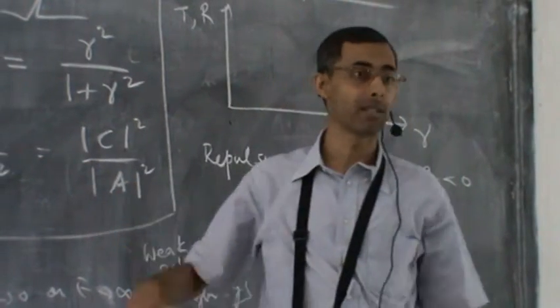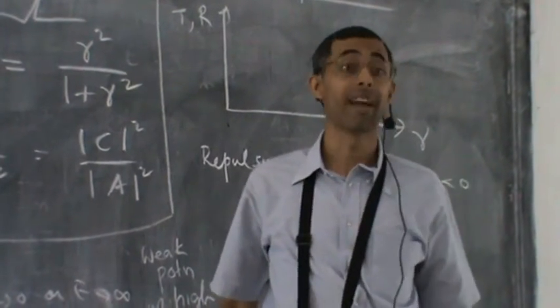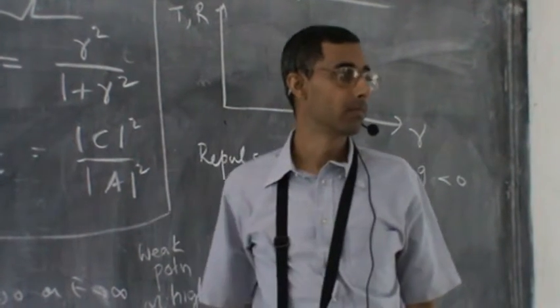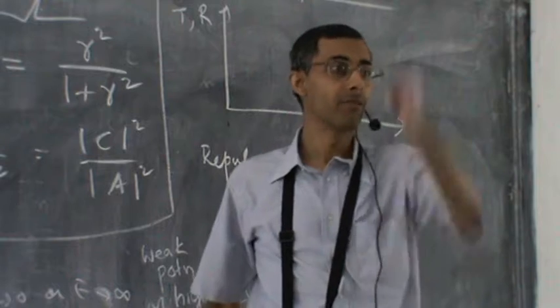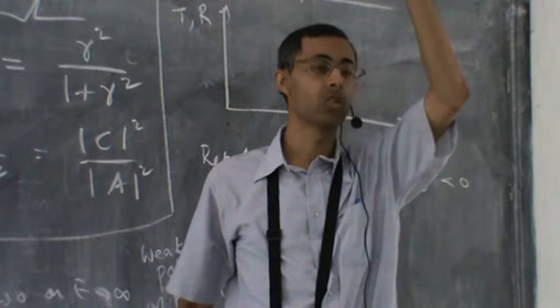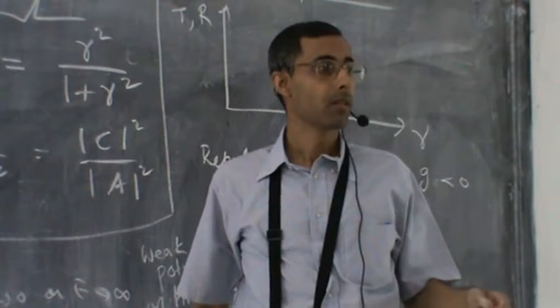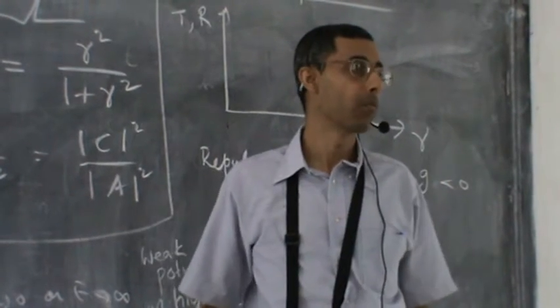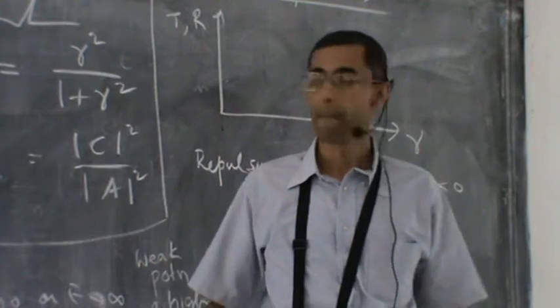Very strongly repulsive point scattering. You can understand that problem. Because the barrier is very tall and very sharp, very strong, then if the energy is relatively low, it will not be able to climb over, it will not be able to tunnel.